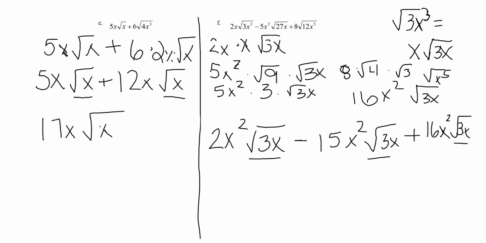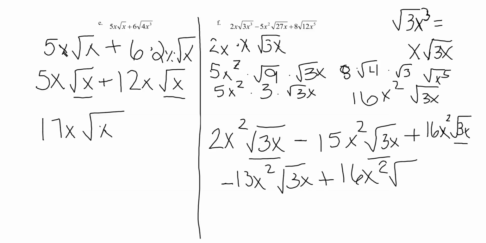And all of our terms are x squared terms, so we can add them together. 2x squared minus 15x squared is negative 13x squared square root of 3x, plus 16x squared square root of 3x.